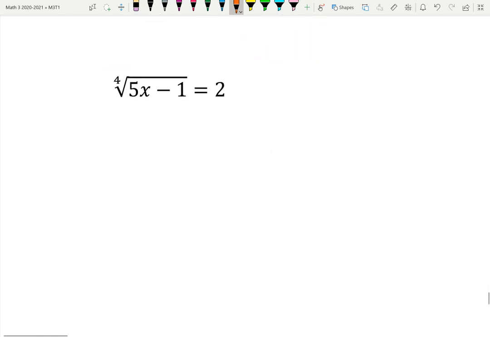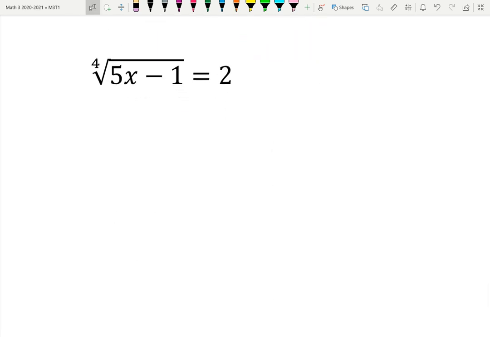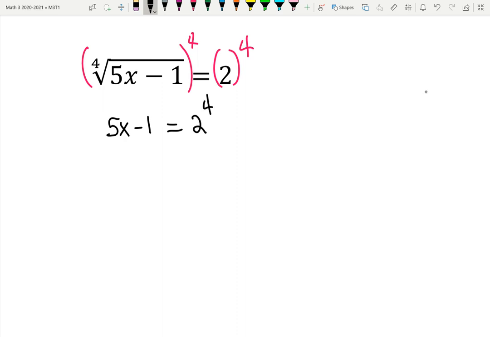My next example is not to the square root. It's to the fourth root. So let me take it to the fourth power on both sides. What's going to happen is it's only going to be 5x minus 1. And on the right, it's going to be 2 to the fourth.